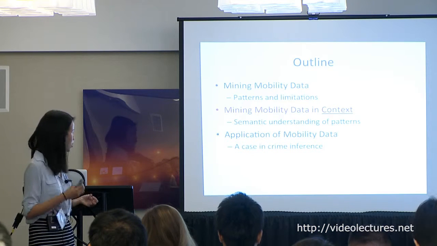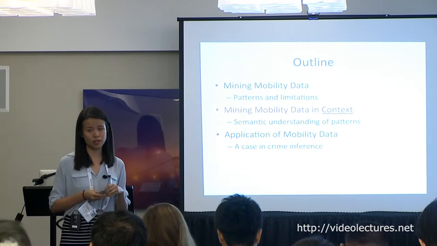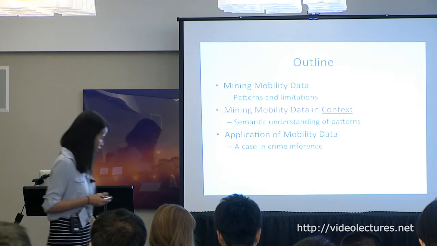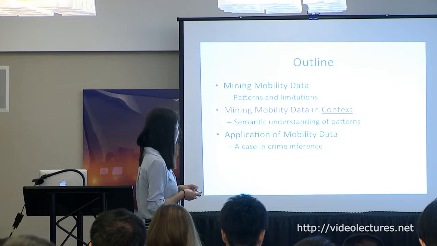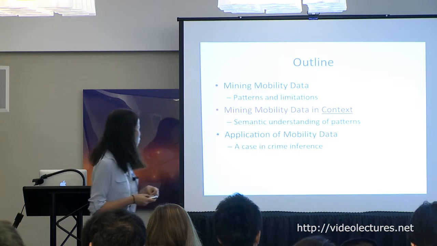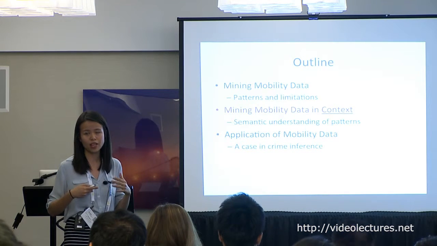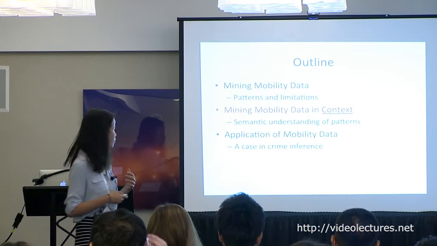That really limits us in semantically understanding trajectory patterns. That's why in our recent work, we focus more on mining mobility data in context. We want to consider external data to better understand the trajectory.